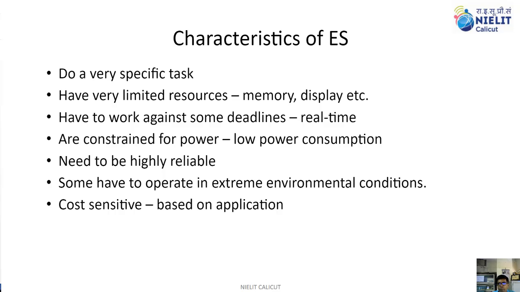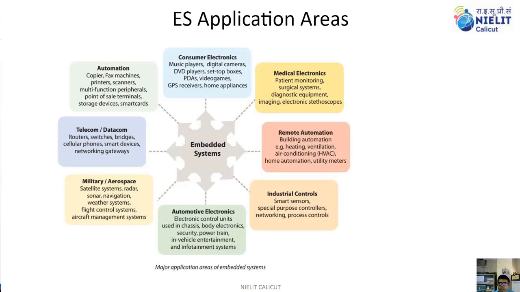In some cases we need to operate in an outdoor environment, and in some cases in a different environmental condition where the temperature is really low or sometimes really high. And after all, they are cost sensitive, because based on the application the product cost should be nominal. So these are a few characteristics of embedded systems.